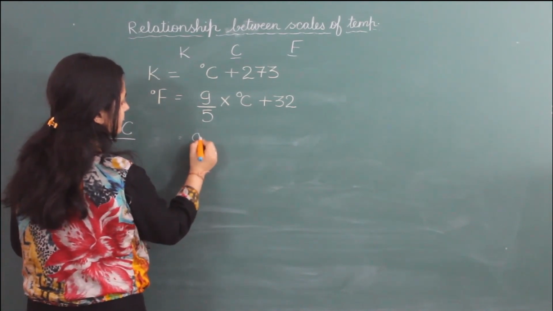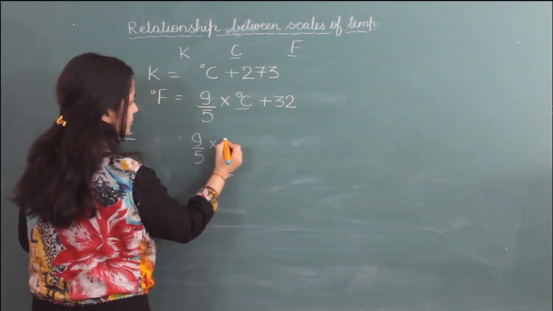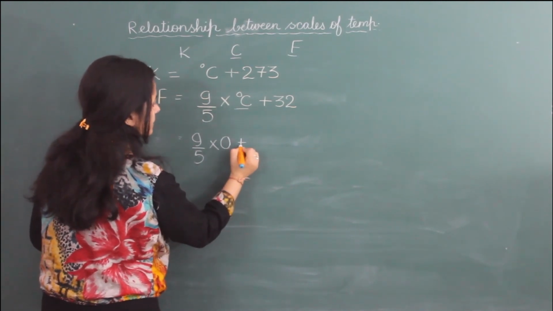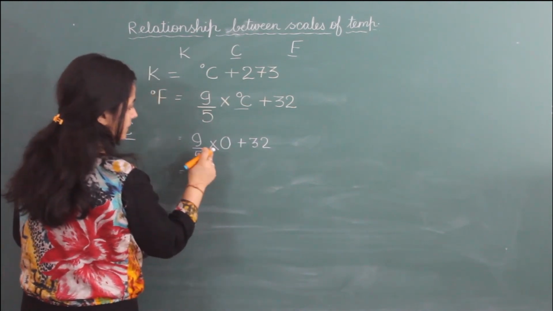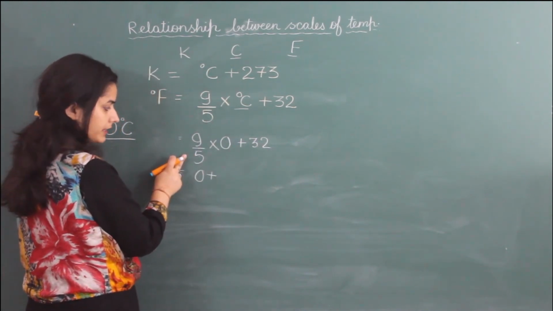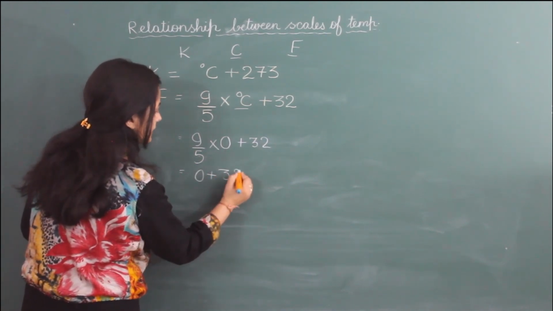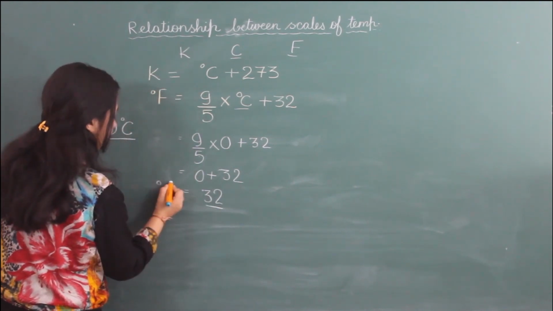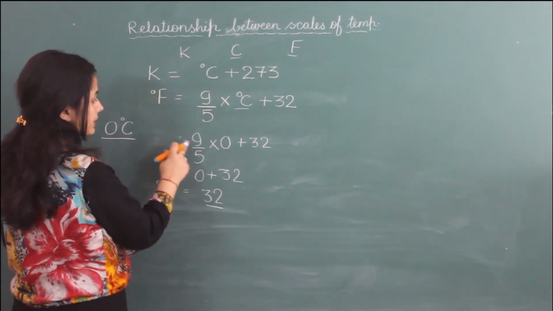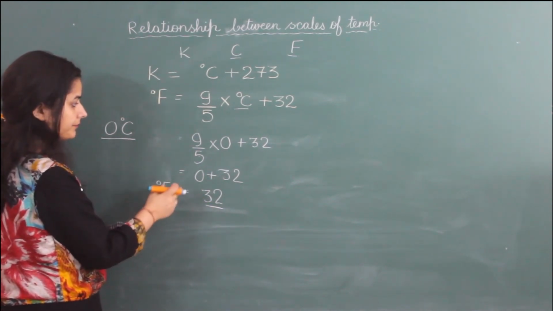On Fahrenheit its value will be 9 by 5 times the value of Celsius plus 32. 0 multiplied by any number is 0, plus 32. That means 0 degree Celsius is equal to 32 degree Fahrenheit.